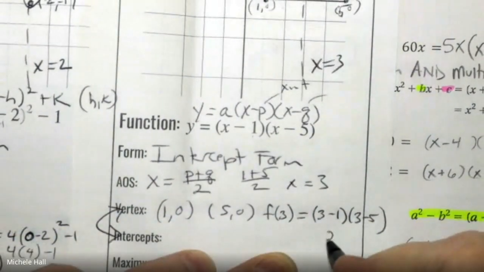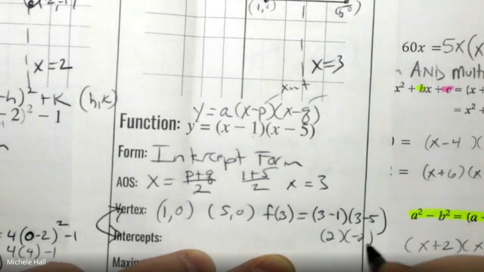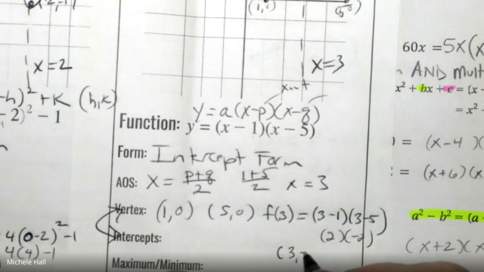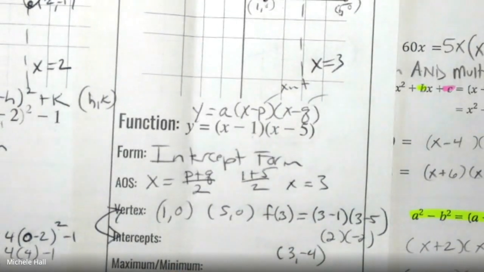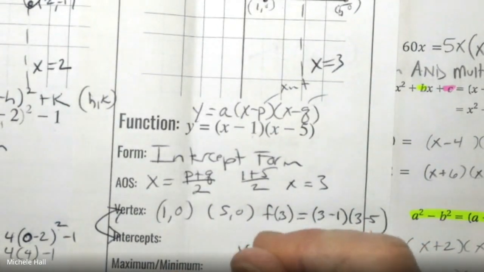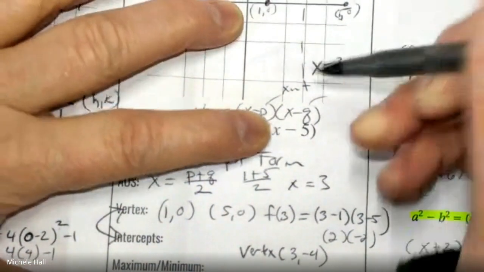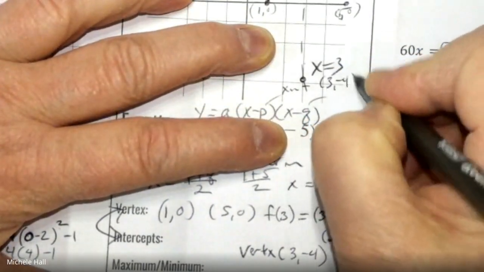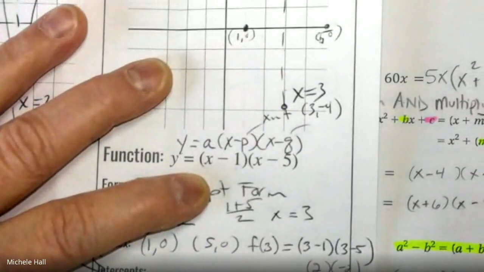I end up with 2 times -2. So my vertex will be at 3, -4. So at 3, -4, 1, 2, 3, 4. Label it as 3, -4. And I have enough information to draw the U shape.